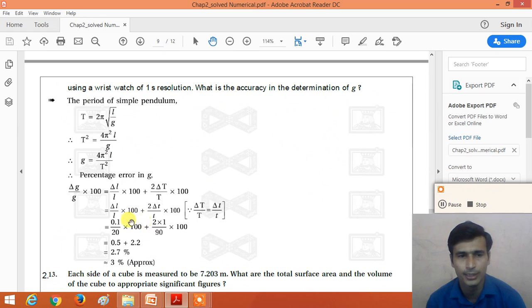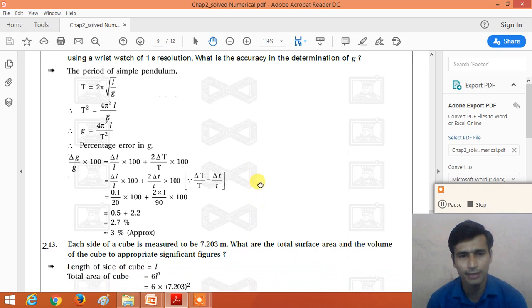So we put 0.1 divided by 20 centimeter multiplied by 100, plus 2 delta T. Delta T is equal to 1 divided by 90, right? For the 100 oscillations, we calculate a time, and it is 1 divided by 90 multiplied by 100, right? So if you calculate, we get the percentage error in g as 3%.